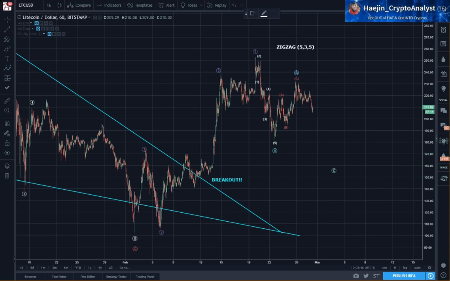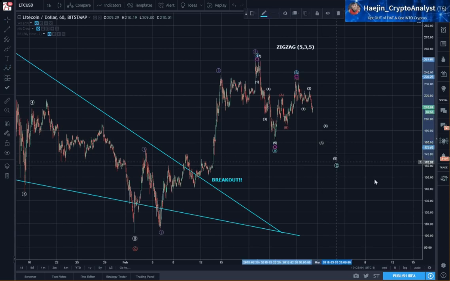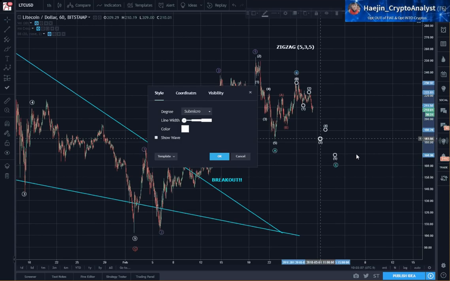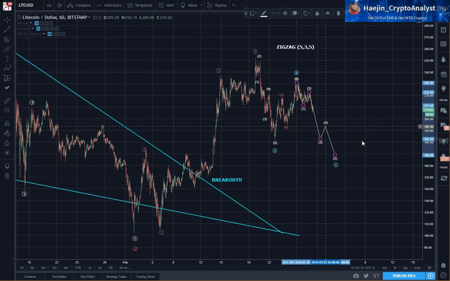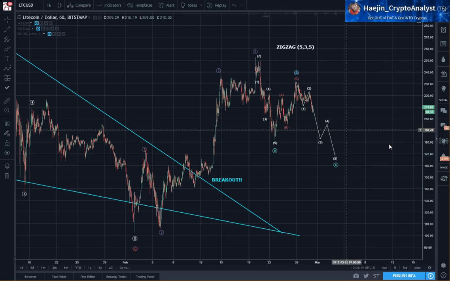Now, the implication of this is pretty important. We have 1, 2, 3, 4, 5. So purple 1, 2, 3, 4, 5. A, B, C is a requisite.